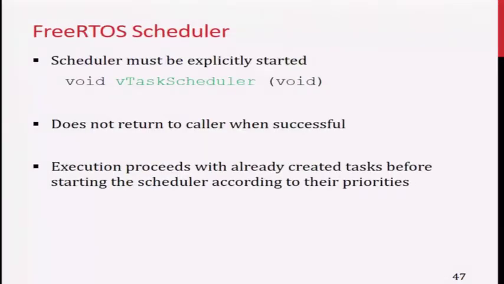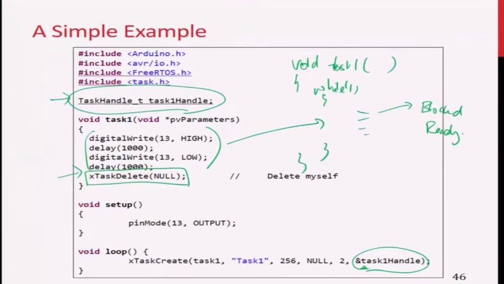Okay, so of course, when you create a task, you're only putting it to the ready state. For me to go from ready state to run state, the scheduler is the only one who can do that for me. So I also need to call the scheduler in order for my task to run. In this code, your task 1 still cannot run because you only created it. Always remember, when you create it, you are putting it in a ready state. But to go from ready to run, only your scheduler can do it. And your scheduler is not yet called over here.